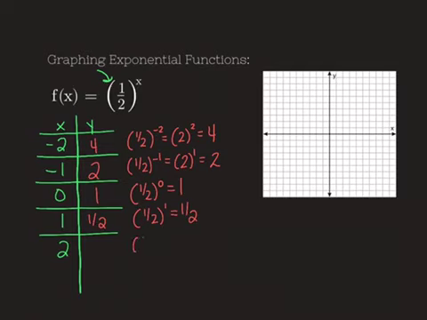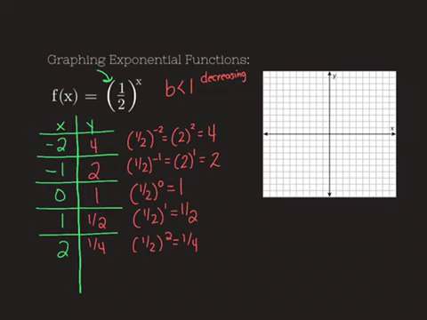And then 1/2 squared is 1/4. So this time our base is less than 1 here. 1/2 is less than 1. So this is going to be a decreasing exponential function.